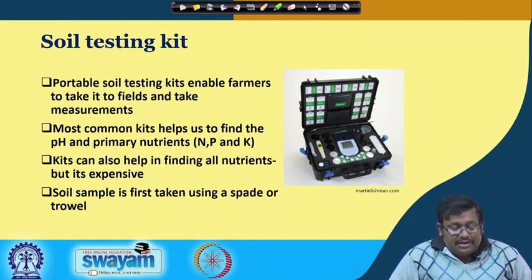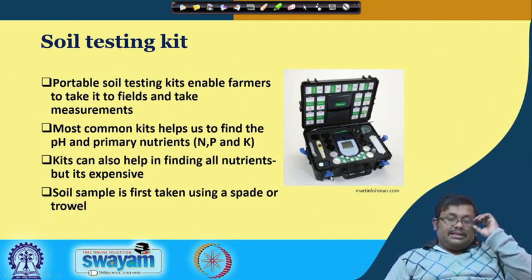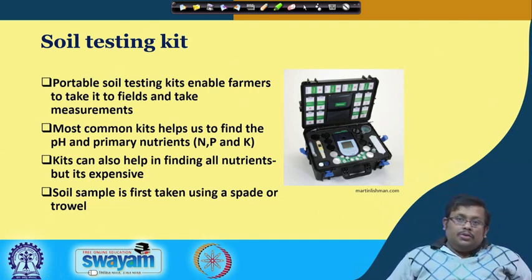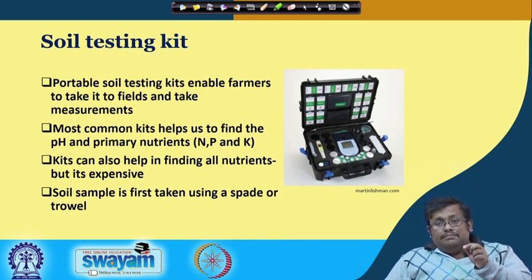A soil sample is first taken using a spade or trowel, and then inside this soil testing kit you will see several types of small tools, starting from cuvettes, starting from test tubes.